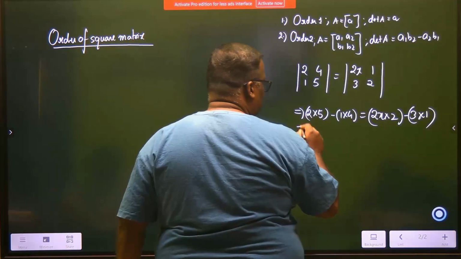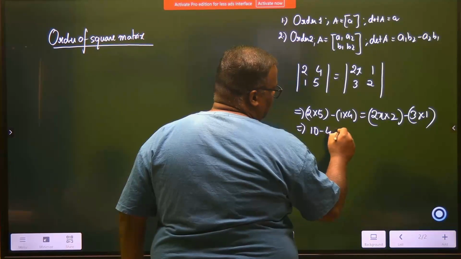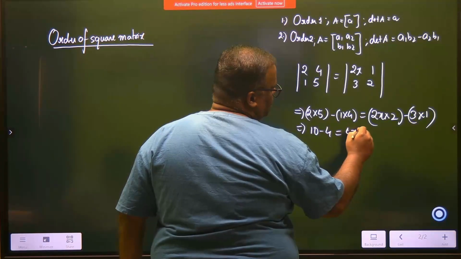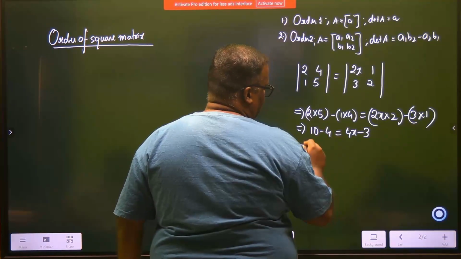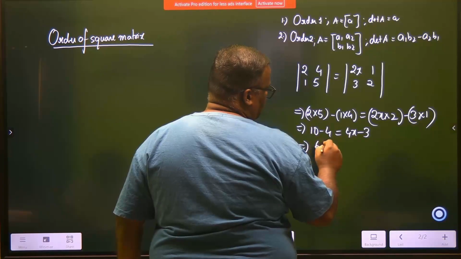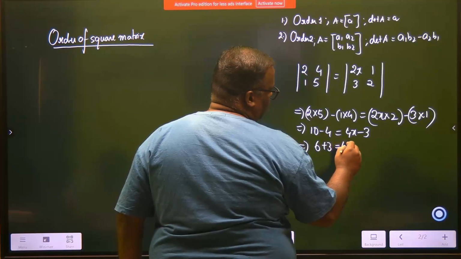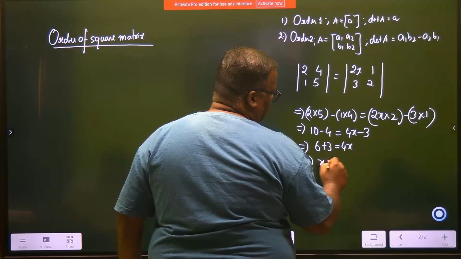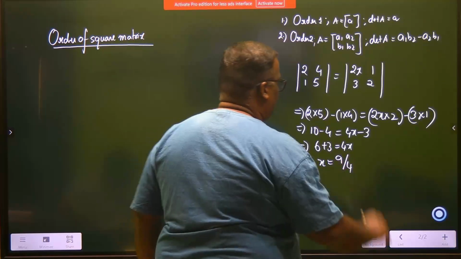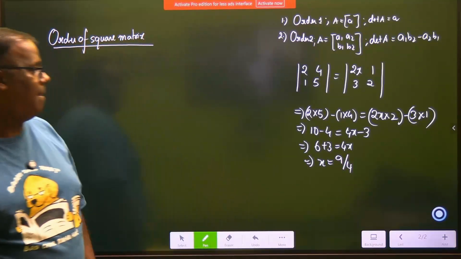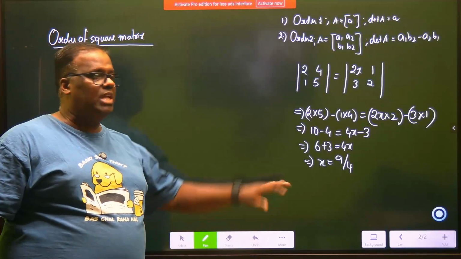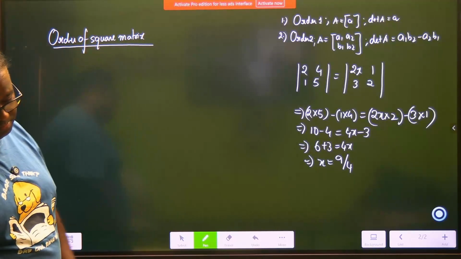So this becomes 10 minus 4 is equal to 4x minus 3, which makes it 6 plus 3 is equal to 4x, or x is equal to 9 upon 4. That's how we solve for the unknown in determinants.